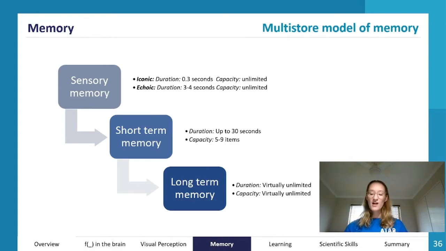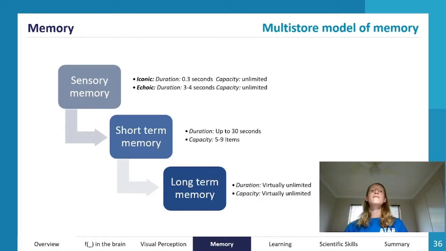And then our second form is our echoic memory, which also has an unlimited capacity, and it encodes acoustically. So the word encoding, if you haven't heard that before, refers to how the information is stored in our brain. Iconic memory is stored in a visual mode, whereas echoic memory is our acoustic capacity for sensory memory.